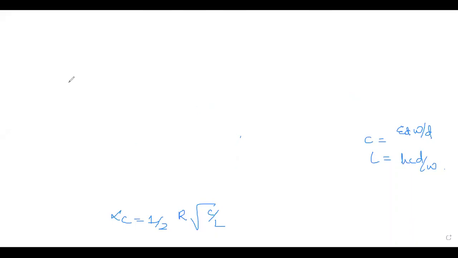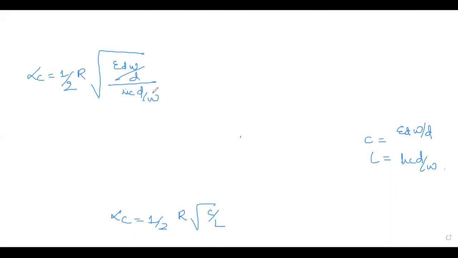Now substitute for alpha C. So alpha C is equal to half into R. For C, it is epsilon d W by D. For L, it is mu C d by W.